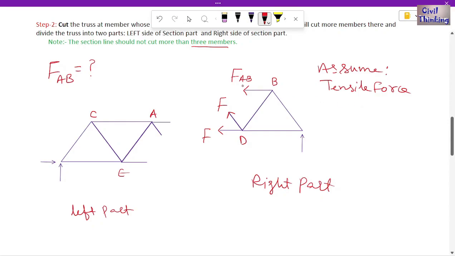This FAB is the force in the AB member and it is a tensile force. Now what happens when we finally solve everything and we get a numerical value? For example, AB is plus 3 kilonewton. If we get a positive value, it means the force was tensile. If we get a negative value, for example minus 3 kilonewton, it means our assumption was wrong and the force is actually compressive.